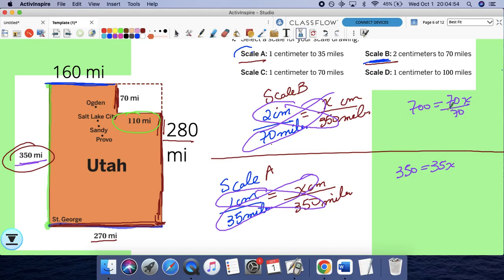Divide by 7, divide by 7. We have a calculator, so x equals 100. Divide by 3.5, divide by 3.5. I forgot you have a calculator, so x equals 100. Sorry, the bottom should be 100 centimeters too.